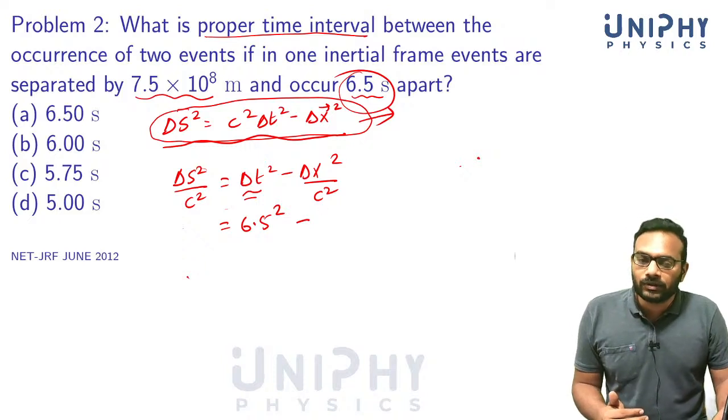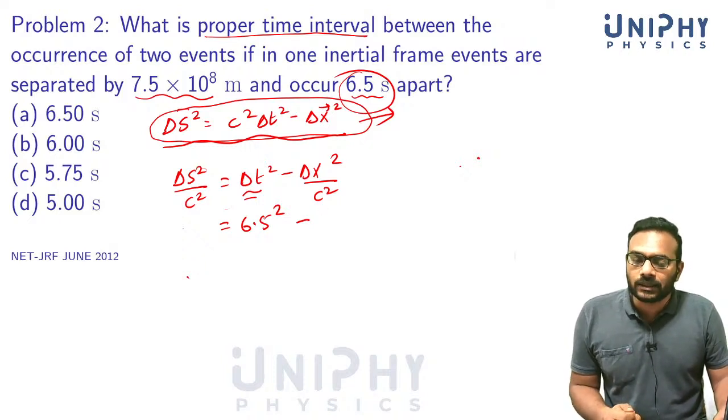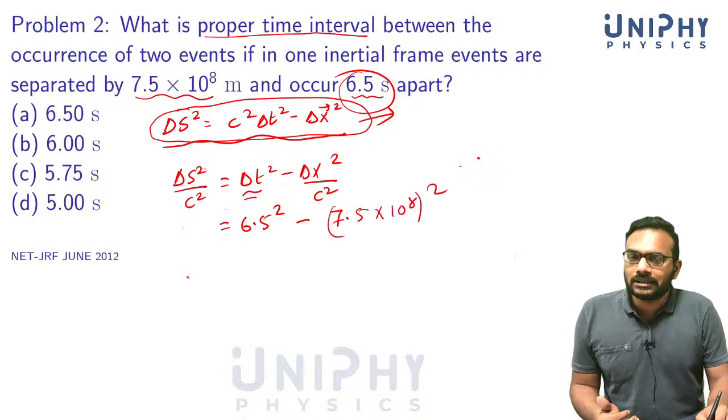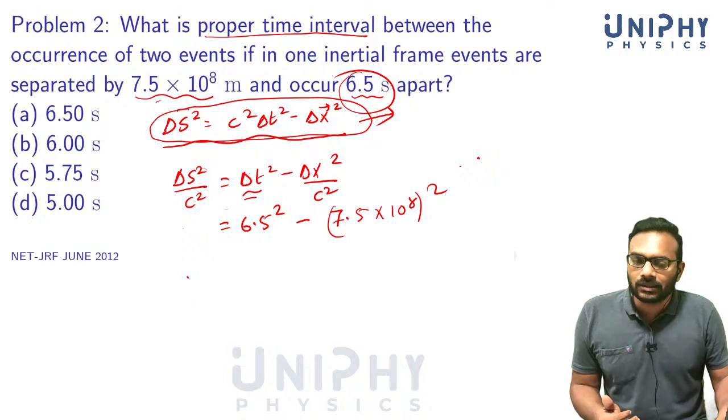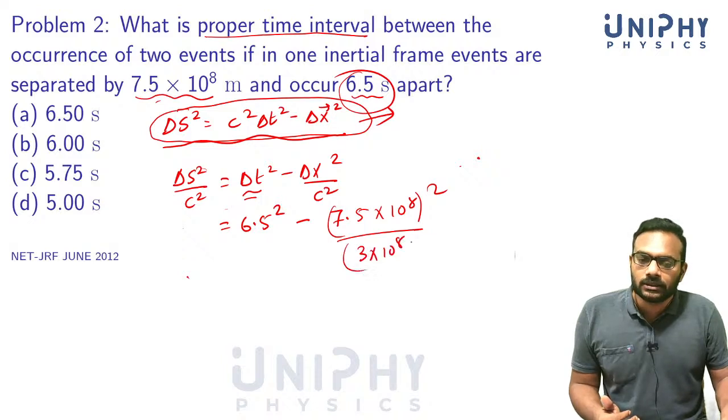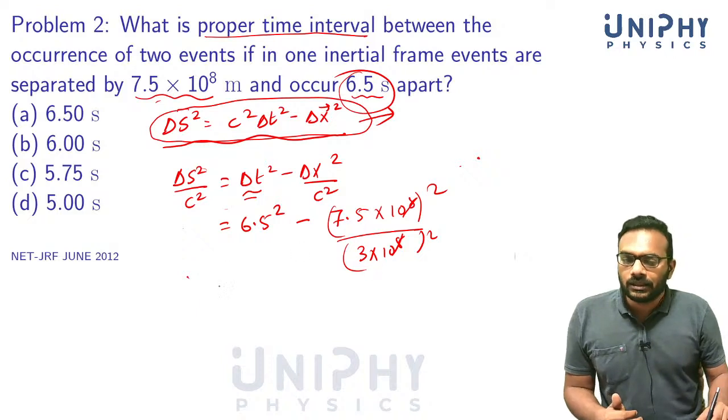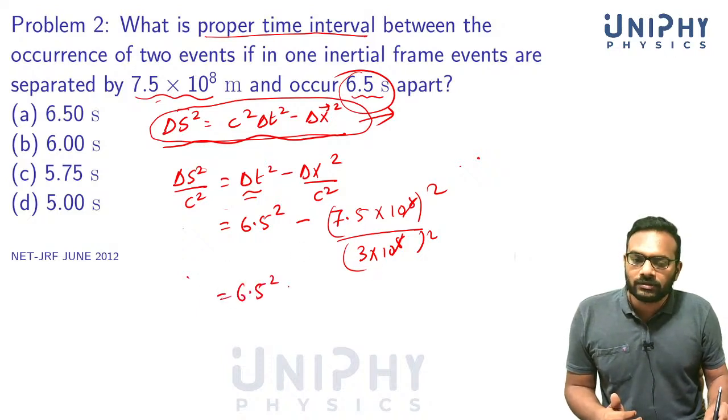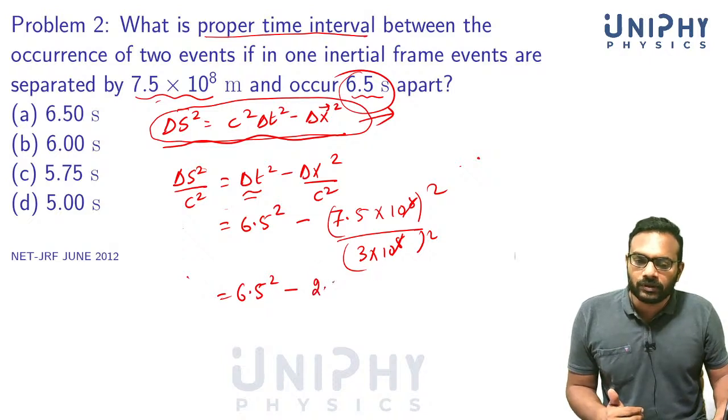So that's 6.5 square minus delta x square by c square. So that would be 7.5 into 10 raised to 8 square, because that's delta x square divided by c square. So I'll write it as 3 into 10 raised to 8 square. This 10 raised to 8 gets immediately cancelled. Okay. So this is basically 6.5 square minus 7.5 divided by 3 is 2.5 square.